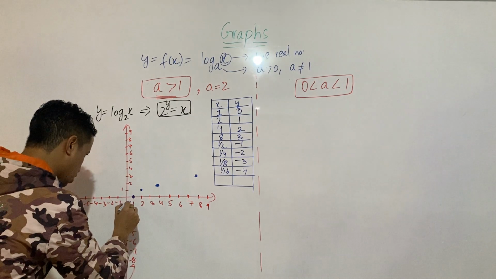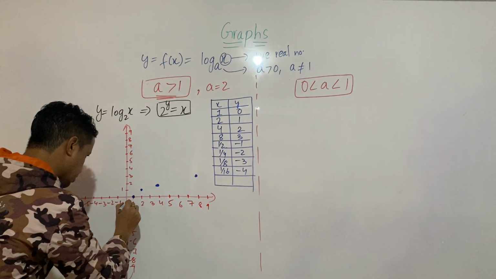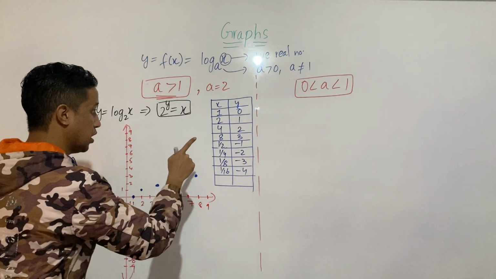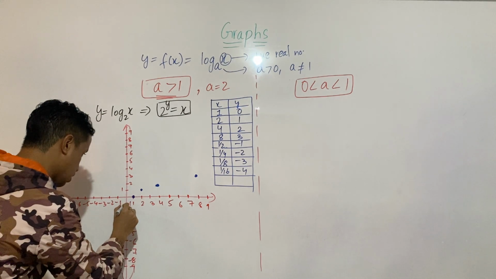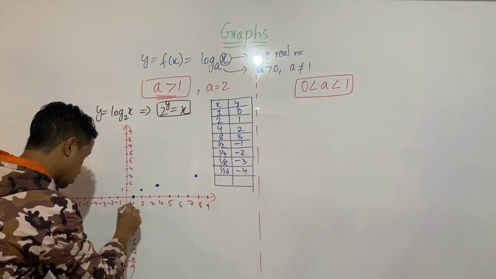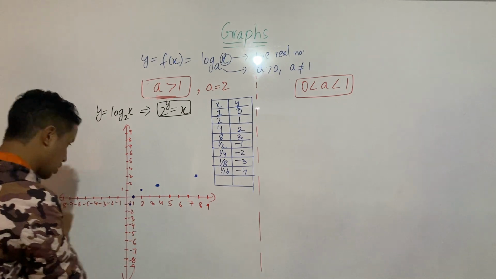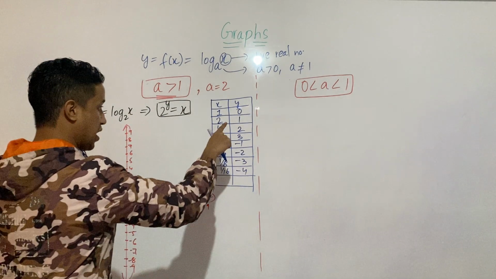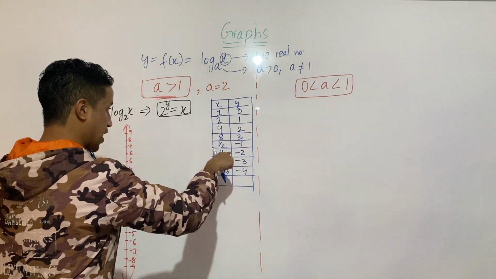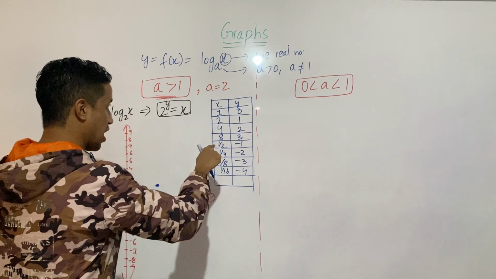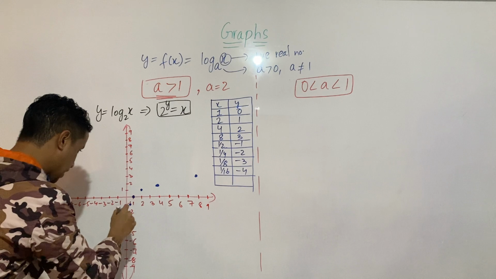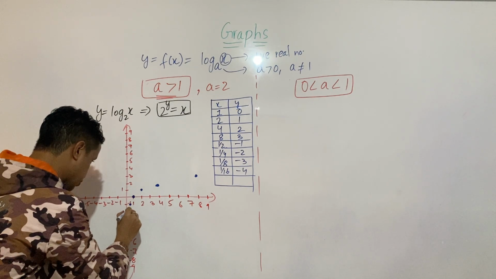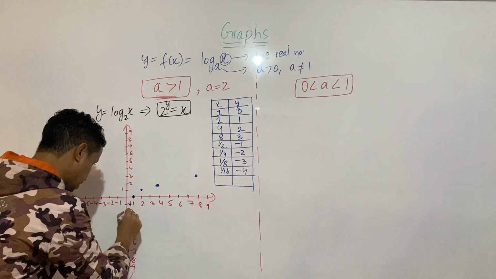So this point, and y minus 1, and x this one, right? Then y minus 2 and x 1 by 4, y minus 2, and this is 1 by 4, so it's going to be here.